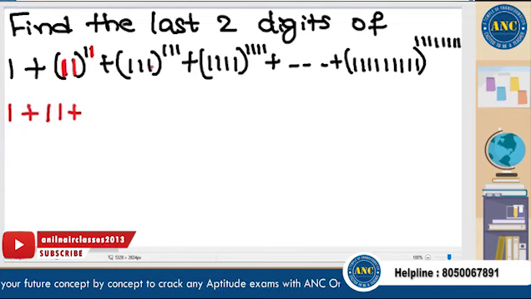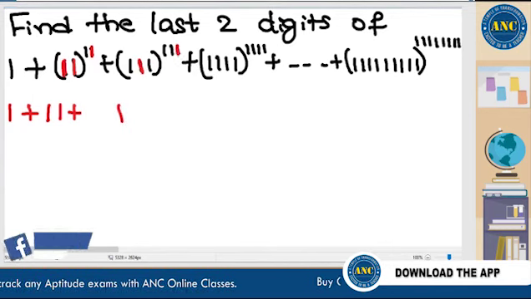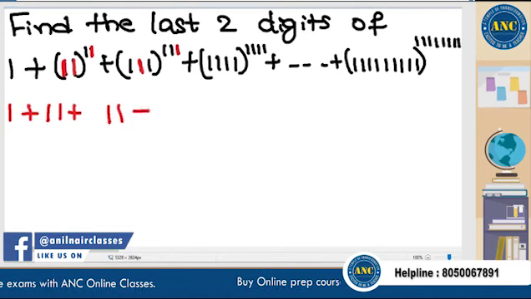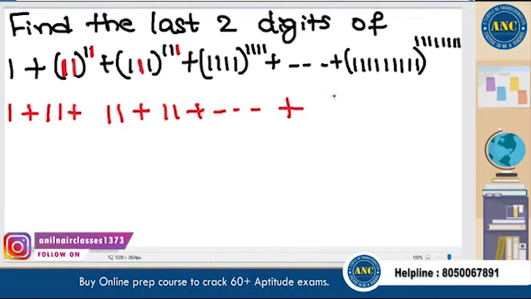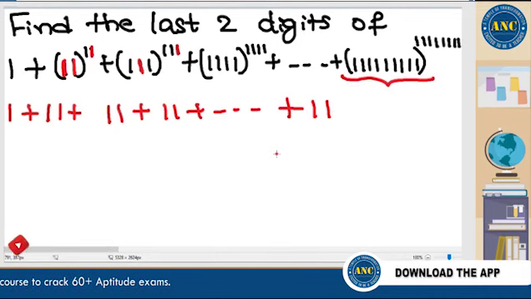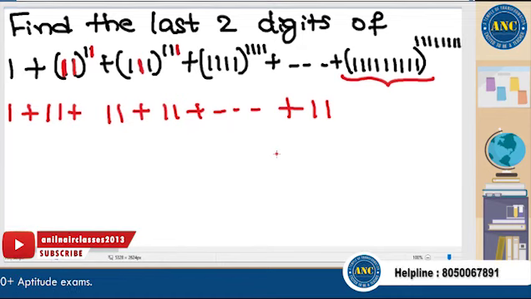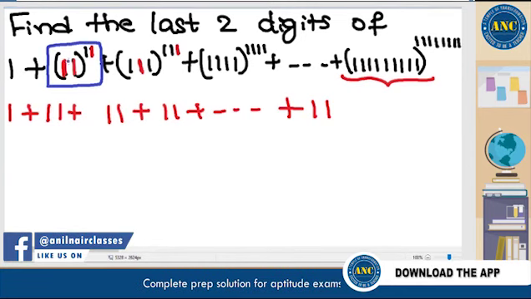111 power 111. Same logic. 1 power any number is 1. Tens place in the base is 1, units place in the power is 1. Again it is 1 into 1, 1. It is 11. This also will be 11. And the last number, this value also, last two digits will be 11. Same logic I will implement. Check it out. If it is the second number, it will have 2 ones.